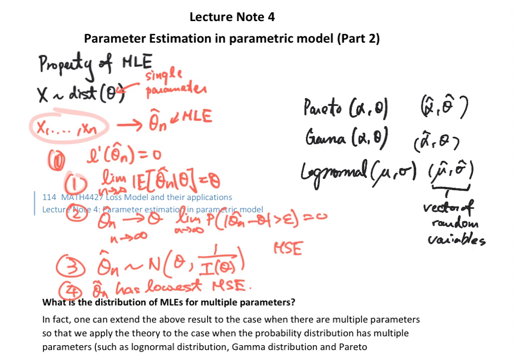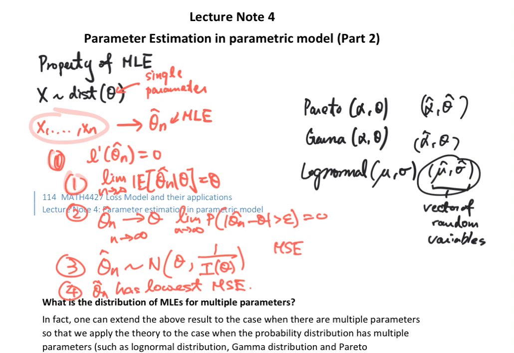The next question is, when you encounter this random vector with multiple parameters and you want to construct a confidence interval for the true value of the parameters, then of course you have to know the distribution of this thing, right?